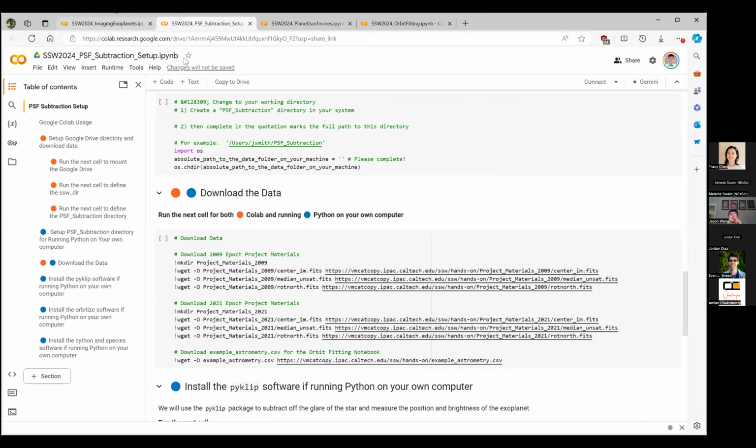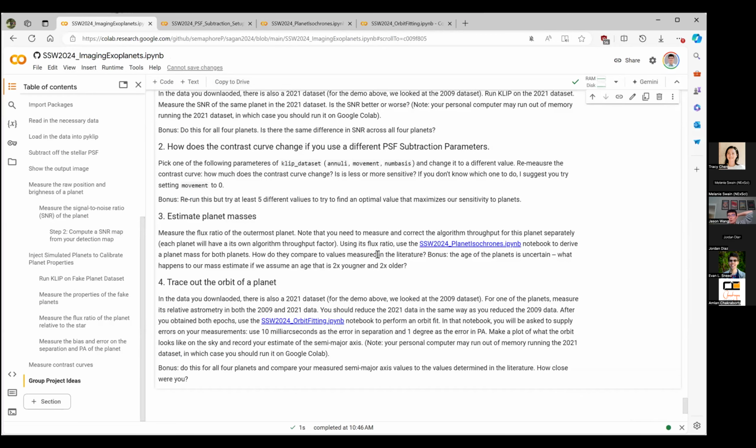Okay. And the last one is the most involved, I would say. In the data you downloaded, there's a 2021 data set. For one of the planets, measure its relative astrometry in both the 2009 and 2021 data. You should reduce the 2021 data in the same way you reduce the 2009 data.